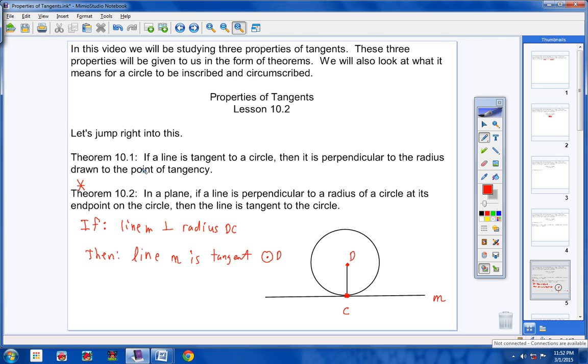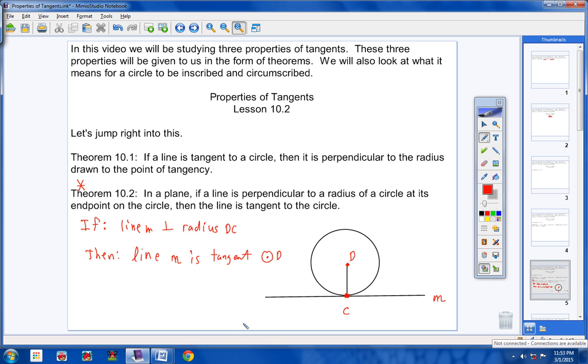Listen, in theorem 10.1 it said if a line is tangent, then it's perpendicular to the radius. Down here they're saying if a line is perpendicular to the radius, then it's tangent to the circle. It's just the converse, okay? So if I have a line that is perpendicular to the radius and it's perpendicular at the endpoint right here, then line M is going to be a tangent to the circle, okay?